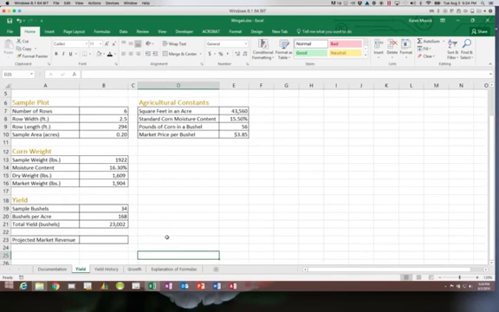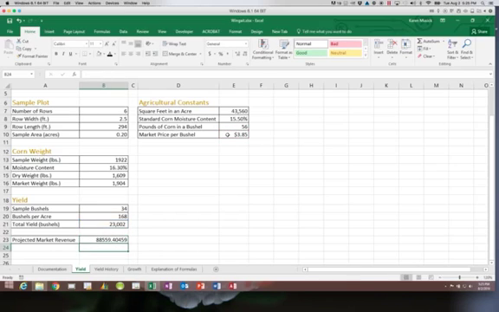And then this last formula that we have right now is to calculate the market revenue. So what we're going to do is take the total yield in bushels, stored in B21, and multiply that by the market price per bushel in E10.